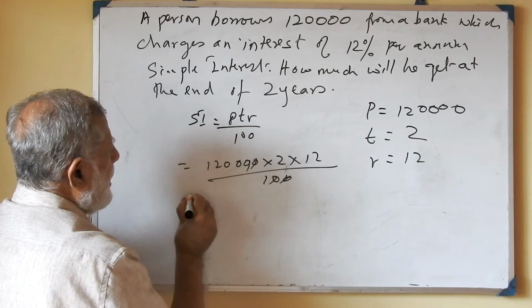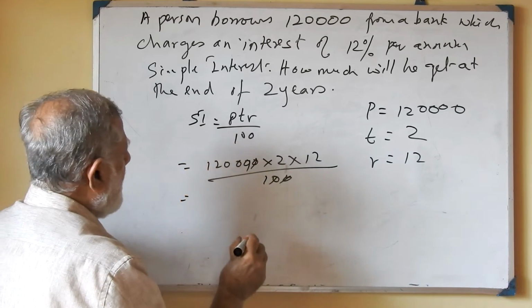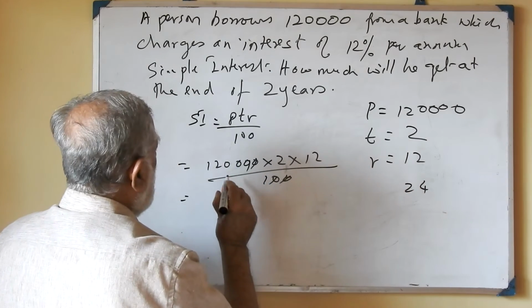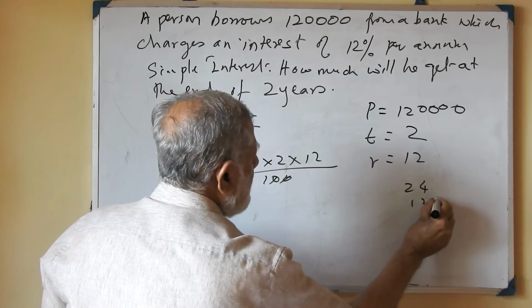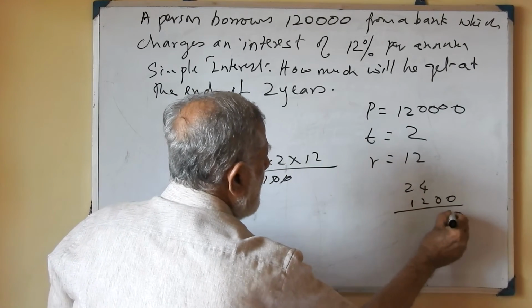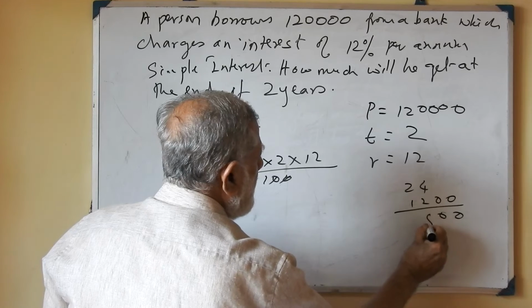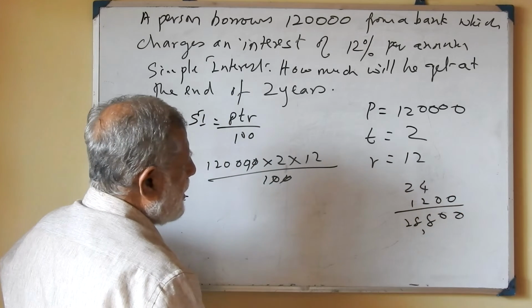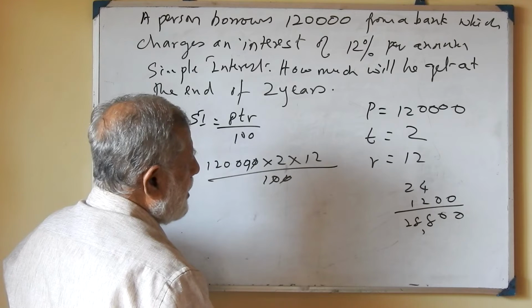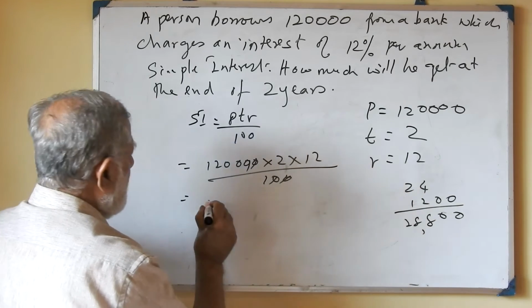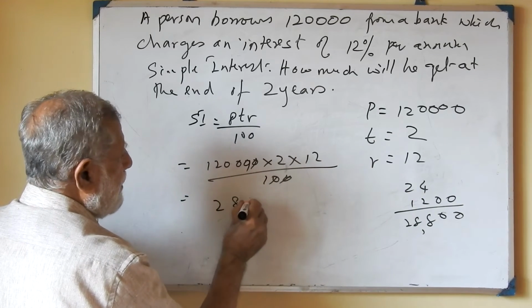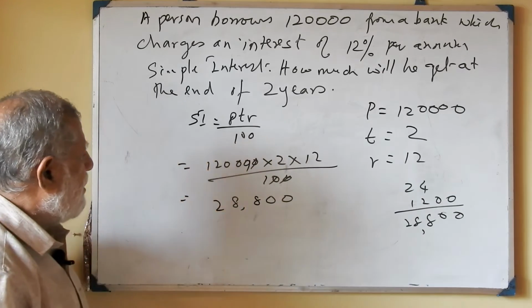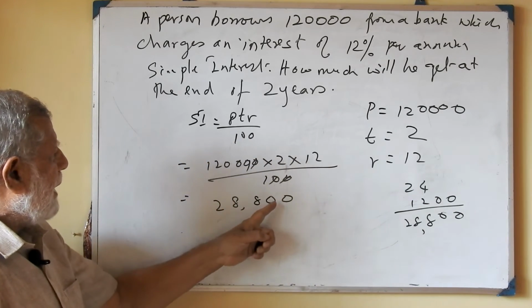Cancel the zeros. That is equal to 24 into 1,200. So that is equal to 28,800 rupees. So interest after 2 years will be 28,800 rupees.